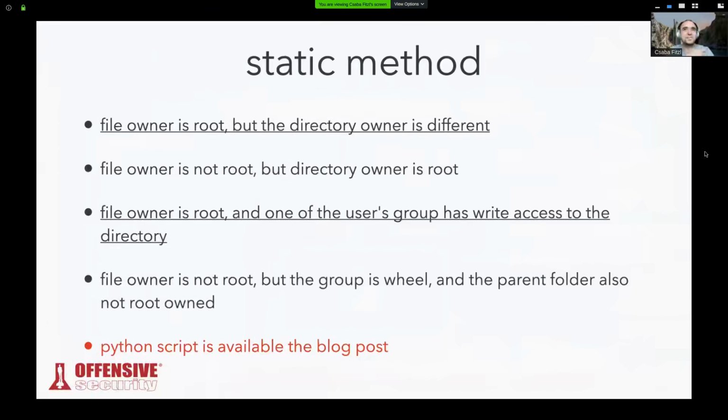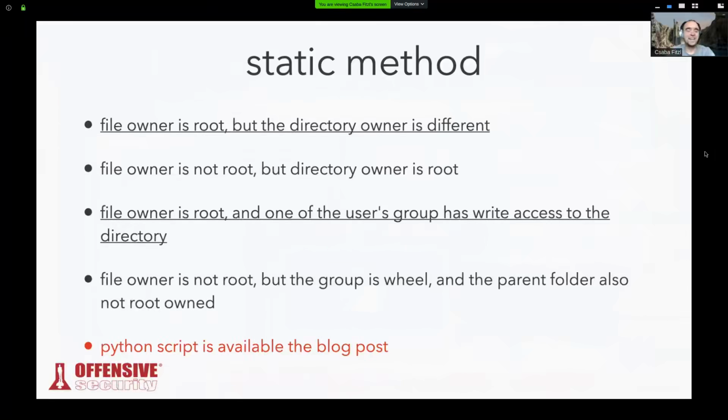That would mean, if no one else has access to the directory, that file is being touched by a process that is running as root, but you have write access to the file because you are the owner, then there is a chance that you can mess with that process that runs as root.